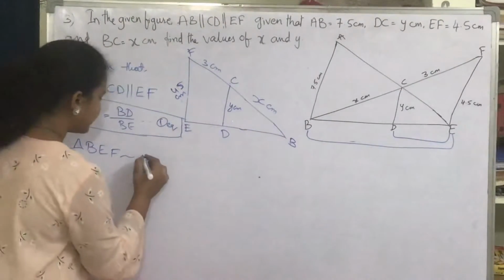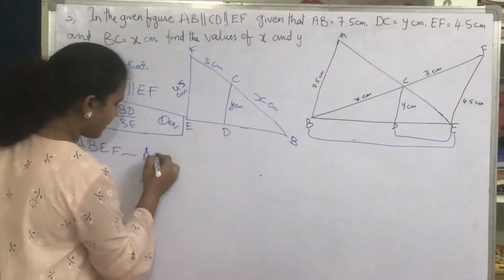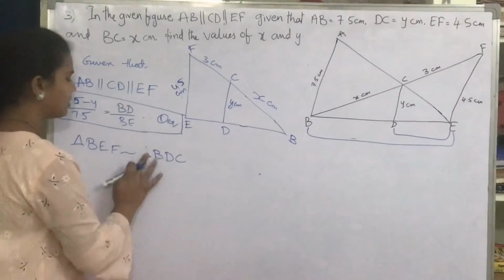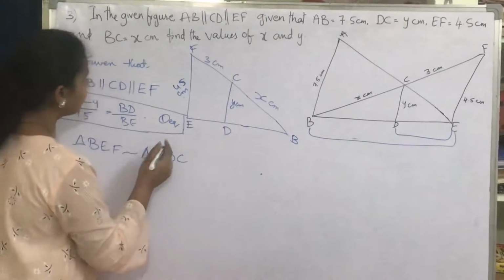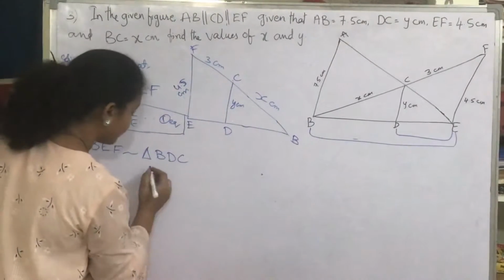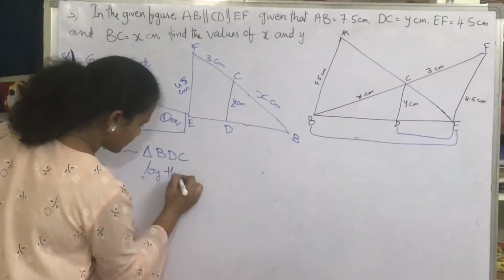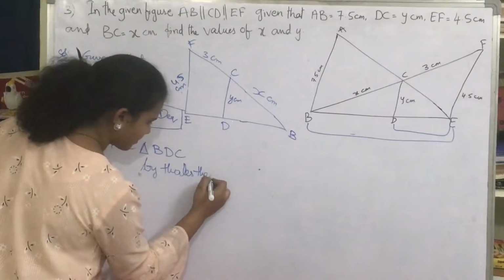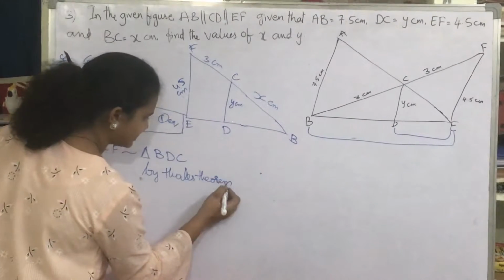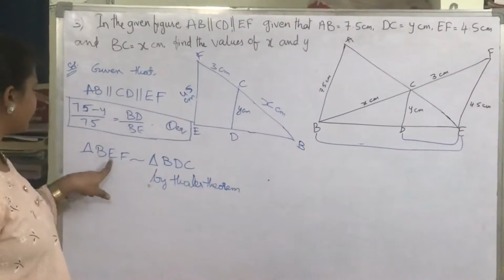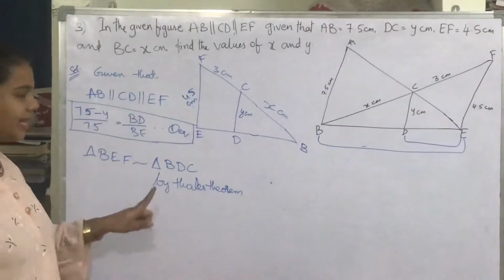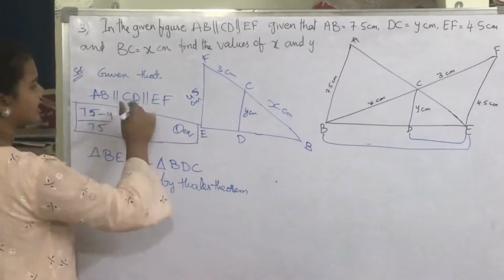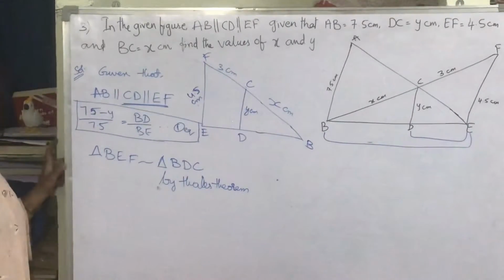So here I can say that triangle BEF is similar to triangle BDC by Thales theorem, or BPT theorem. How can I say both are similar? Because CD is parallel to EF.